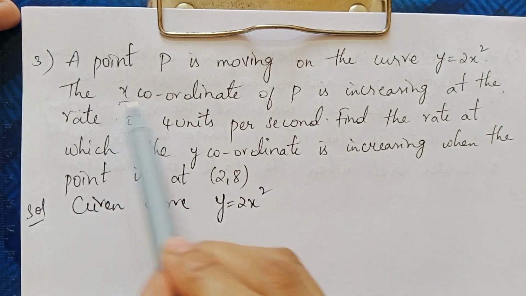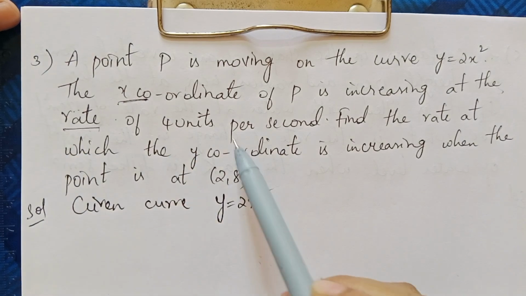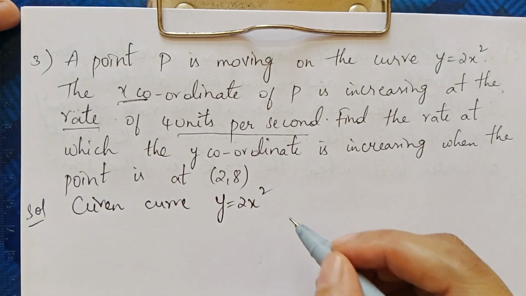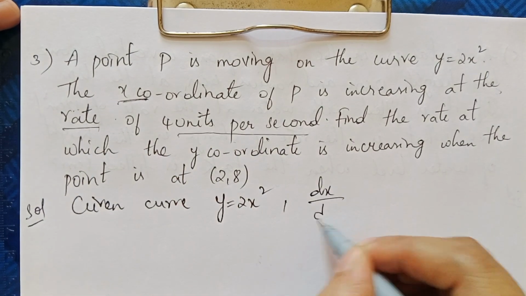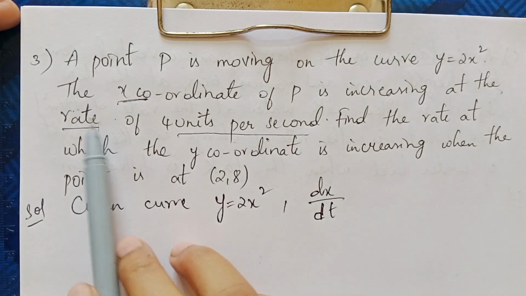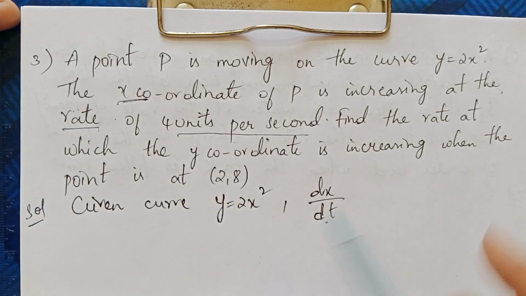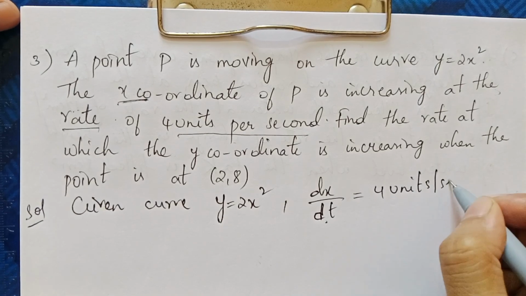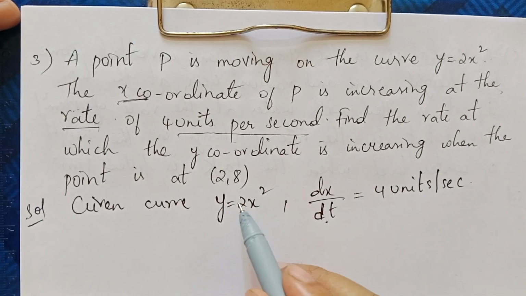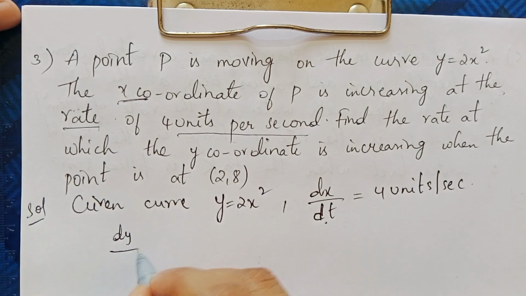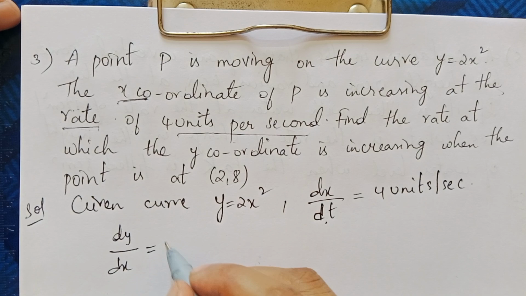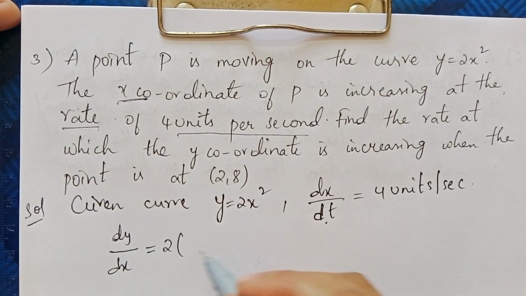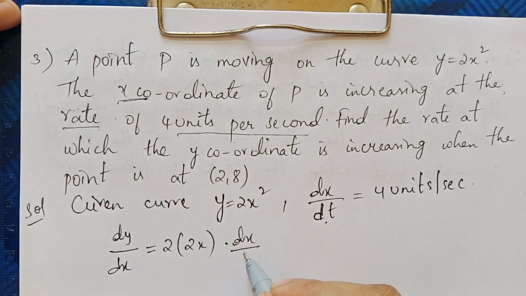So here the x coordinate is increasing at the rate of 4 units per second. So we can write it as dx by dt. Rate always means with respect to the time period, which is equal to 4 units per second. Now differentiate this curve with respect to time, we'll get dy by dt is equal to 2 as constant, and x square derivative will be 2x into dx by dt.